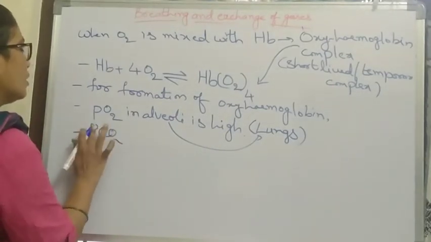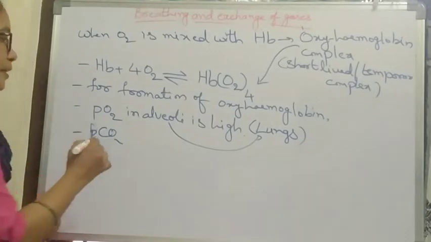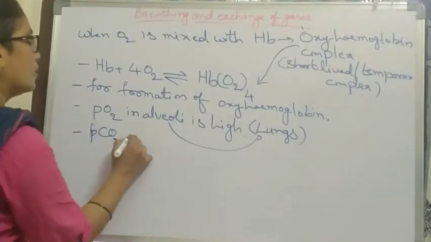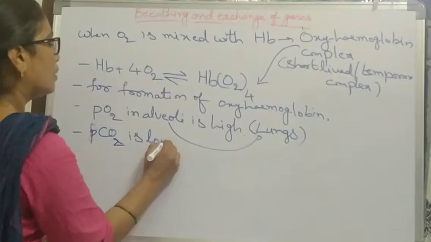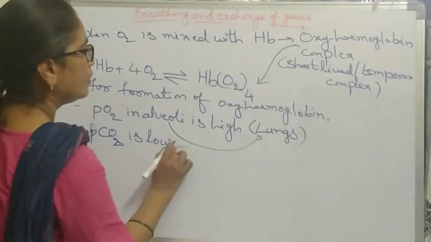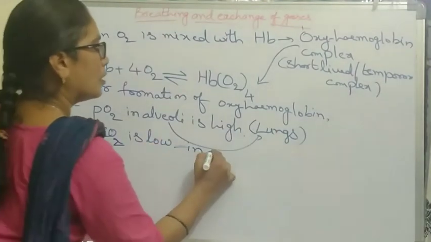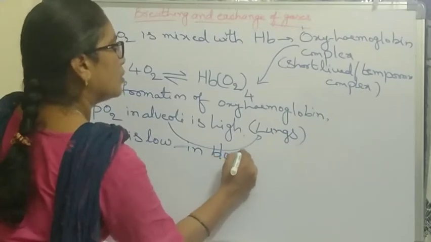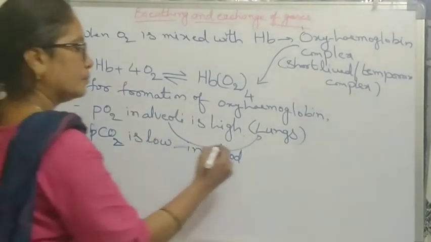partial pressure of carbon dioxide is low in the blood coming to the lungs.